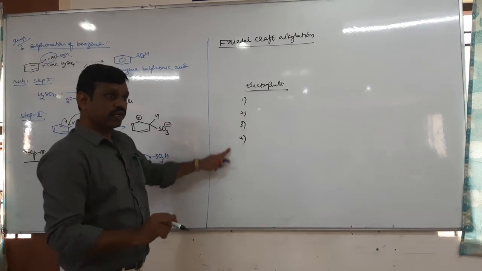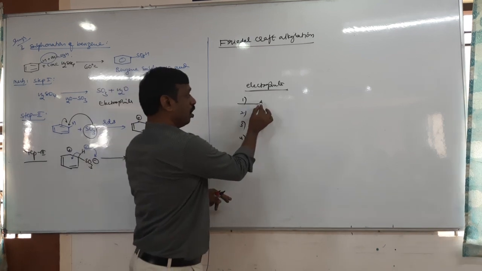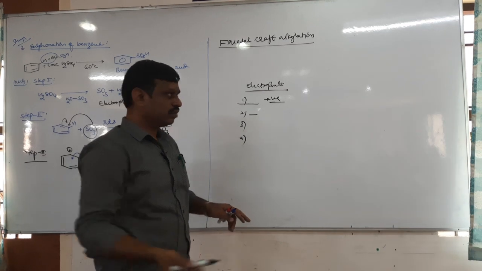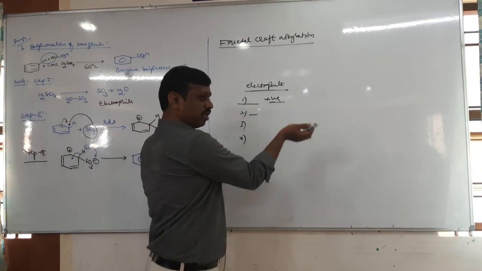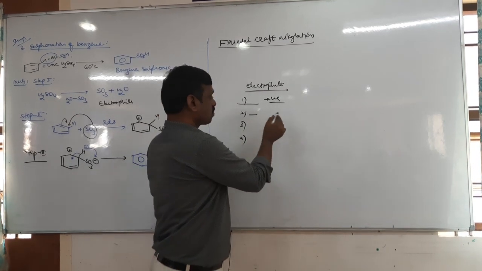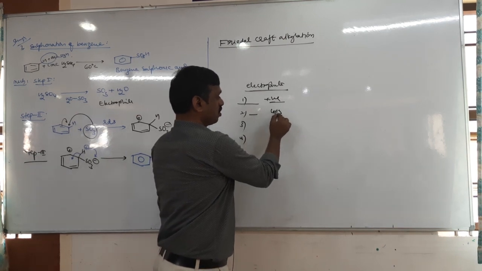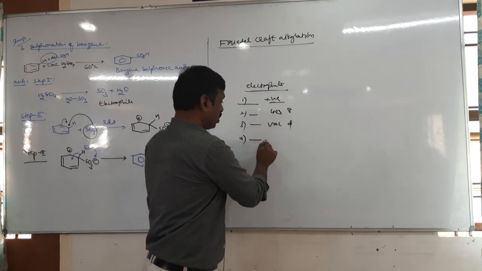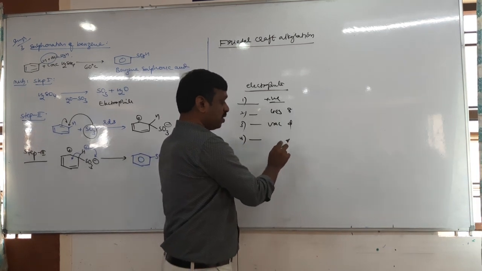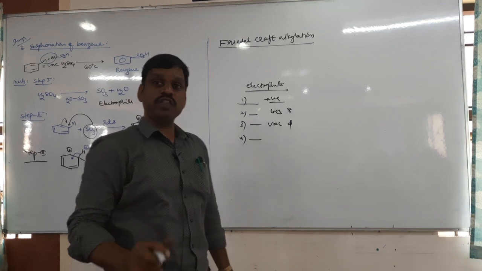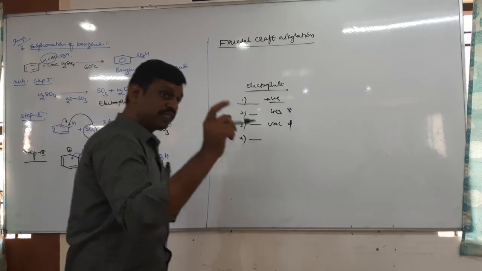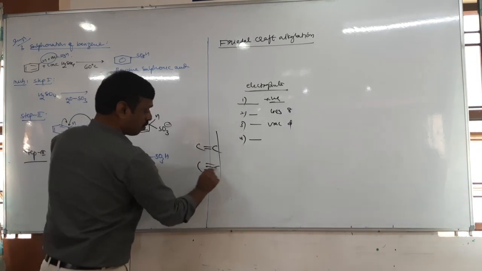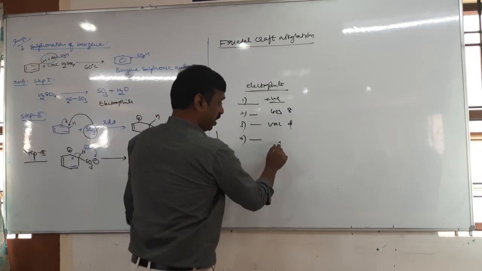In 4 categories we have studied electrophiles. First category is all positively charged species. Second is less than 8 electrons. Third is vacant d orbital. Fourth is neutral species which are having multiple bond with a more electronegative element. But the neutral species which are having multiple bond with carbon is a nucleophile.